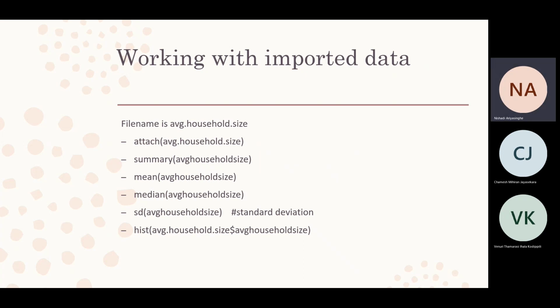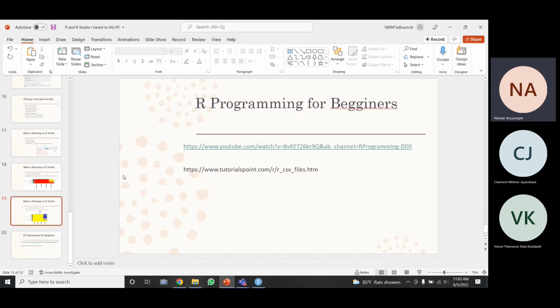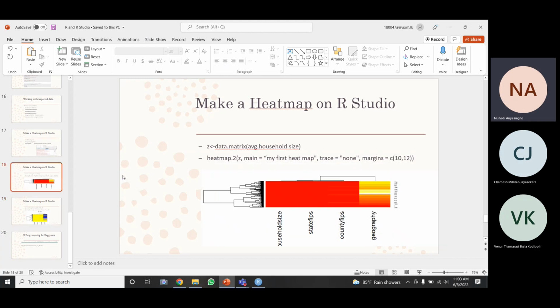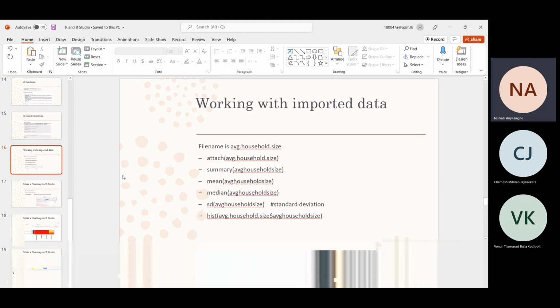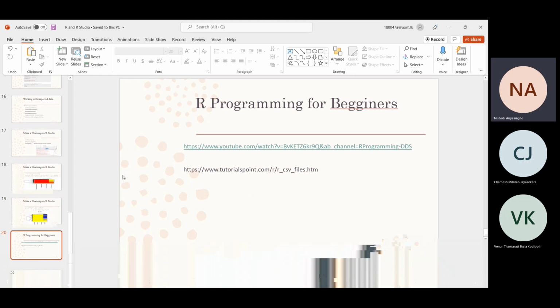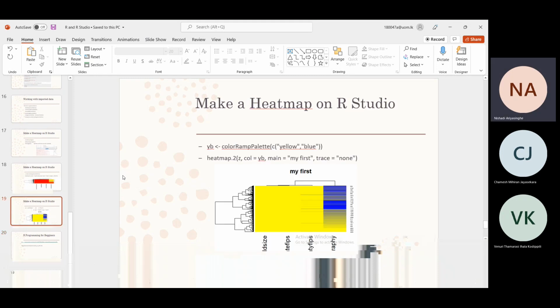Okay. Any questions regarding RStudio? So the thing is, you have to practice this. You practice the basic functions and come to these functions where you are able to represent the data, right? Be familiar with functions where you are able to represent the data. So heat map, you are able to represent the data.